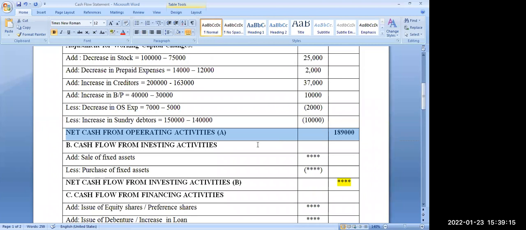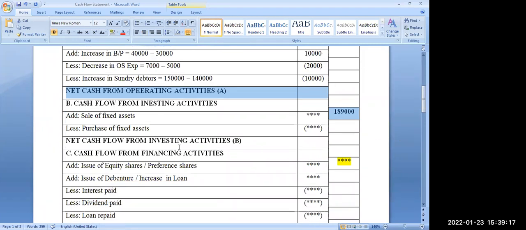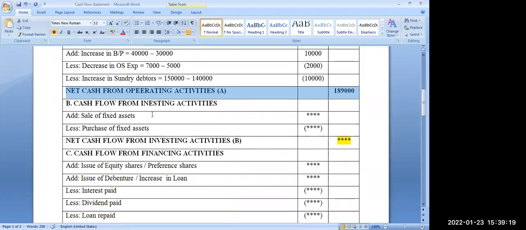Now we are going to find out the cash flow from investing activities. Investing activity means we have to go with the non-current assets. Go to the asset side. Land and building was 80,000, now it is 1,20,000. If it is increasing, what is the meaning?